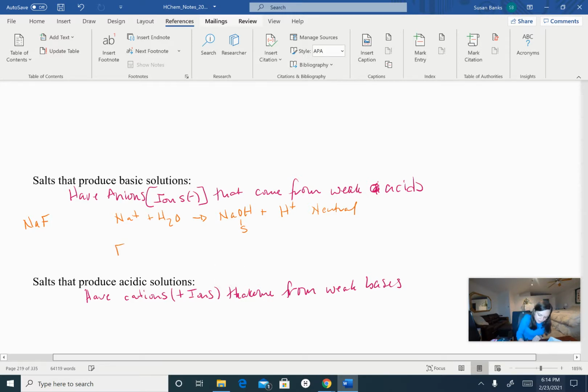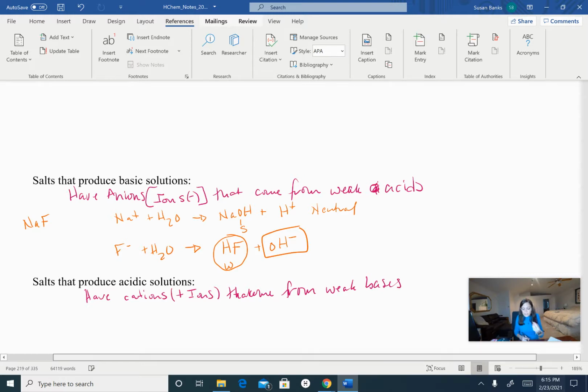And then if I have the fluoride ion and I react it with water, it would react with the hydrogen end of that water and make hydrofluoric acid, which we know is weak because it's not hydrochloric, hydroiodic, or hydrobromic. So this is going to stay together. And because it stays together, we are going to have excess hydroxide ions in solution, because the hydrogen ions that water normally makes when it ionizes are going to be taken up by the fluoride ions.